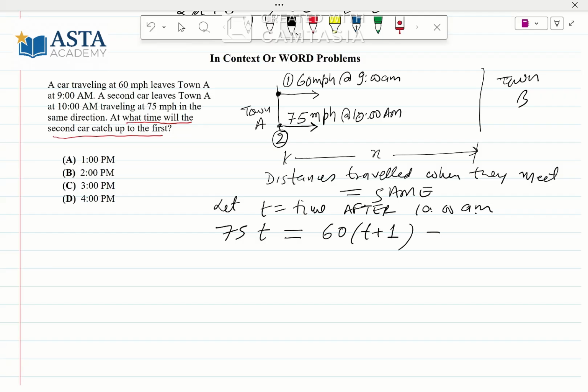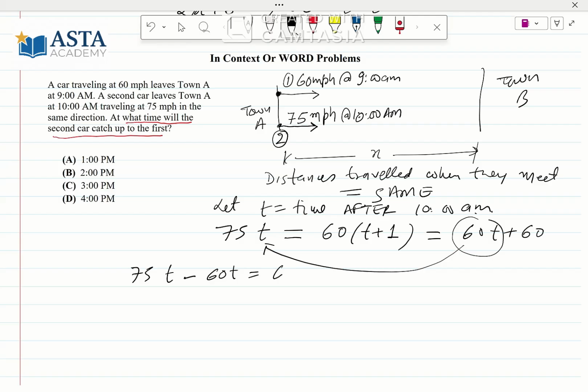So you will get 60t plus 60, using distribution. The smaller quantity of variable, you transfer to the other side. So it will be 75t minus 60t equal to 60, or you will have 15t equal to 60, or t equal to 60 by 15, which is 4 hours.